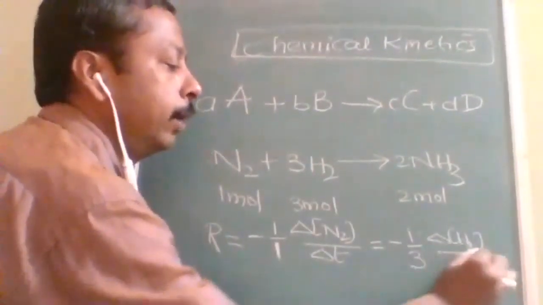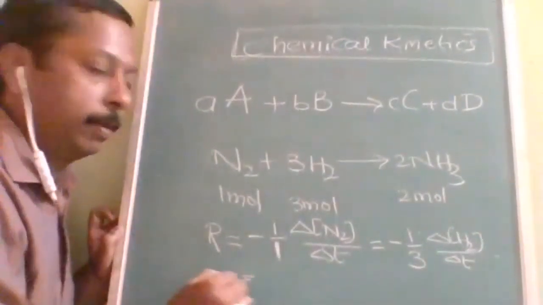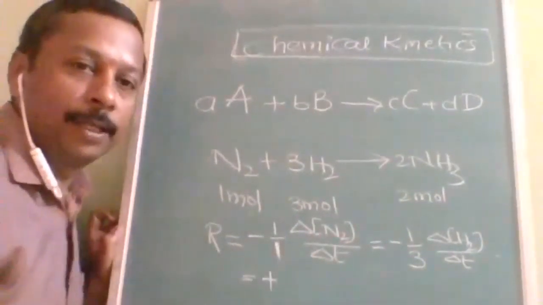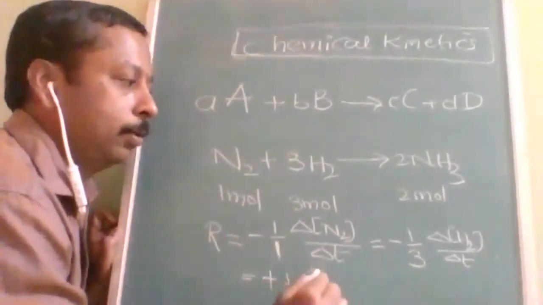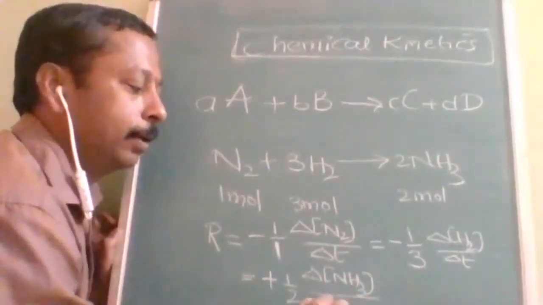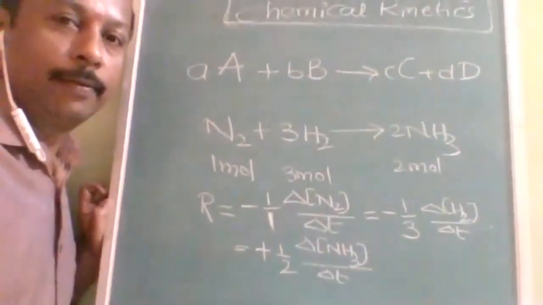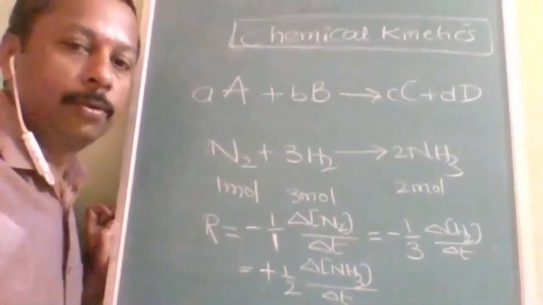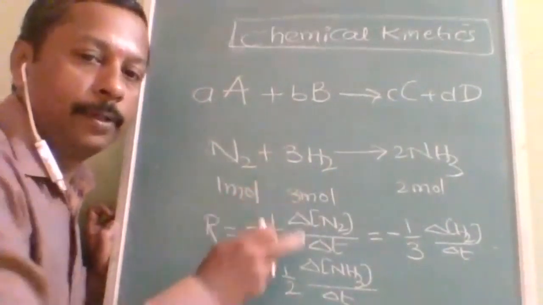So minus 1 by 3 delta H2 divided by delta T. Now for product, what is the product here? Plus, for product plus. So plus 1 by 2 into delta NH3 divided by delta T. Is it understood? So how to write: product plus, reactant minus, coefficient 1 by.